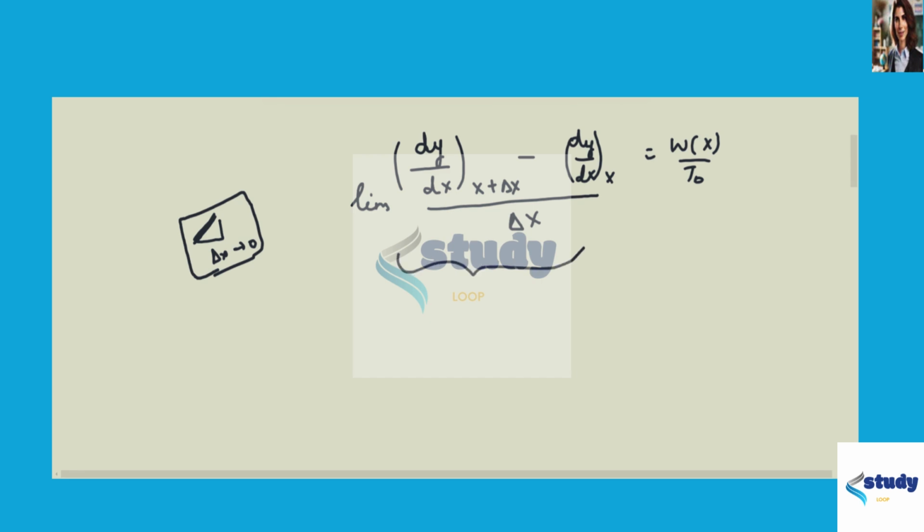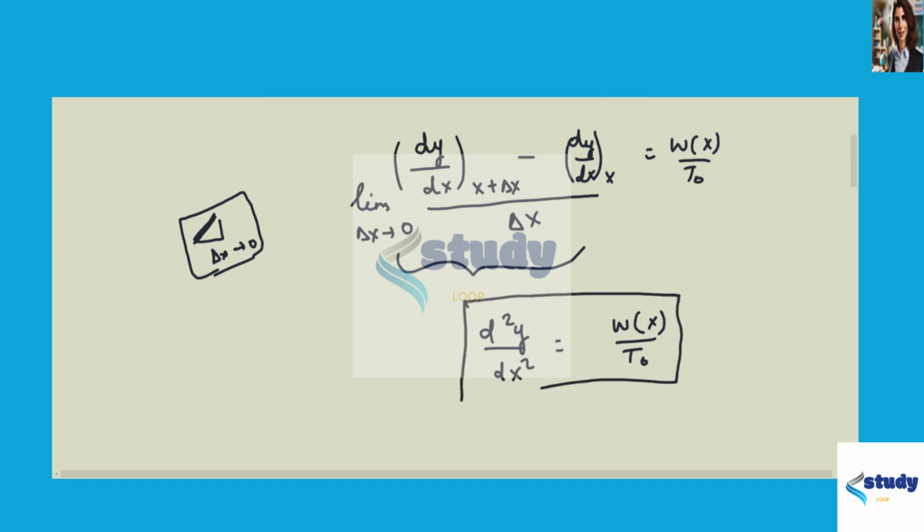So this term, if delta x tends to 0, will become the double derivative of y with respect to x, and then it comes equal to Wx over T naught, and this is what we wanted to prove. So we have proved this, and we can write here, hence proved.